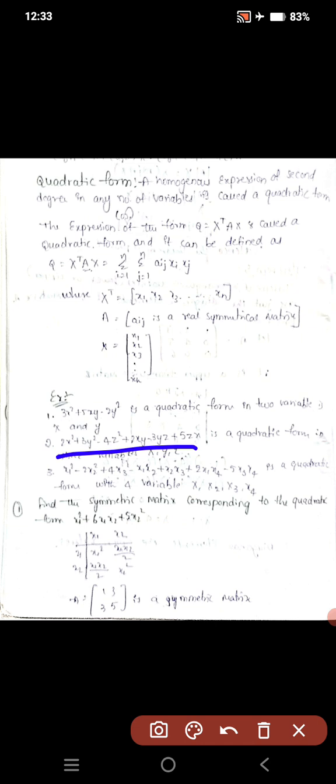How many variables? 3 variables x, y, z. All powers are 2. Another example: x1 square minus 2x2 square plus 4x3 square minus x1 x2 plus x2 x3 plus 2x1 x4 minus x3 x4 is a quadratic form. Why? It also has degree 2, and there are 4 variables x1, x2, x3, x4.